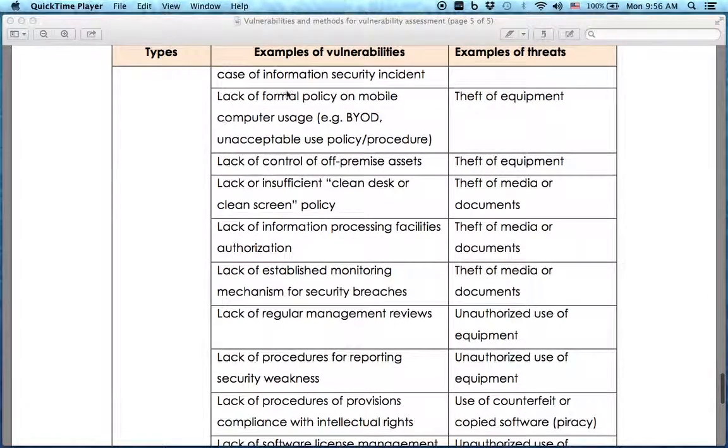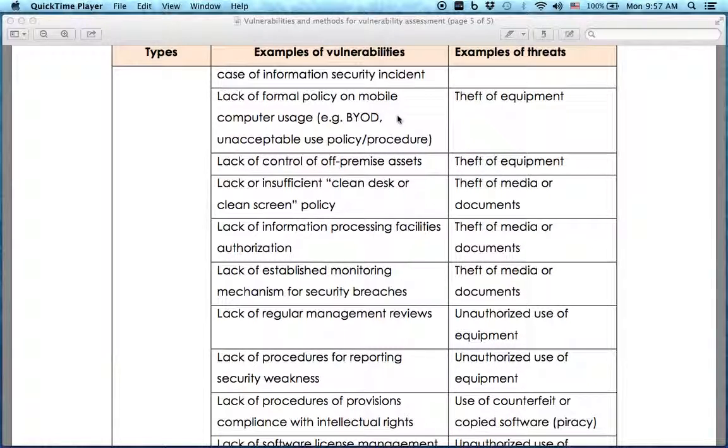For example, this one is very important: lack of a formal policy on mobile computer usage, for example a bring your own device (BYOD) policy, or an unacceptable use policy and procedure. The threat is theft of equipment. Sometimes staff bring their own device into the office.